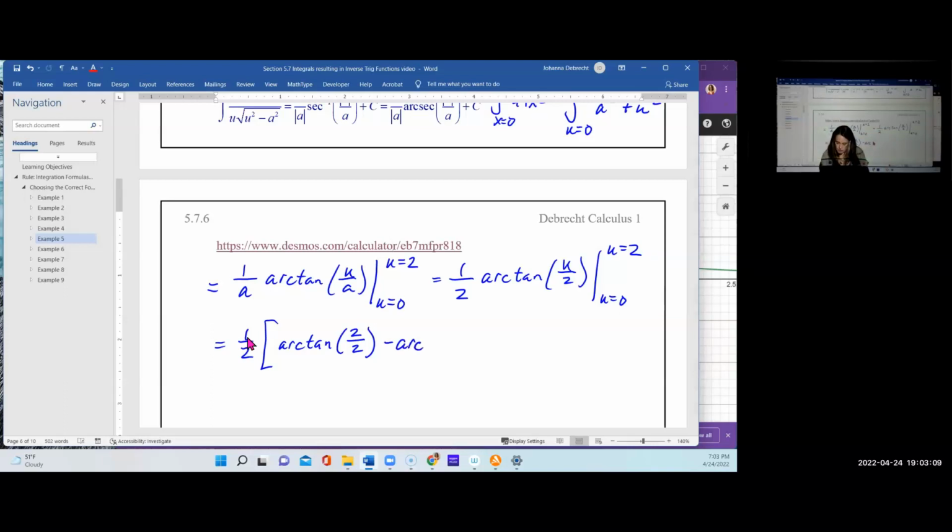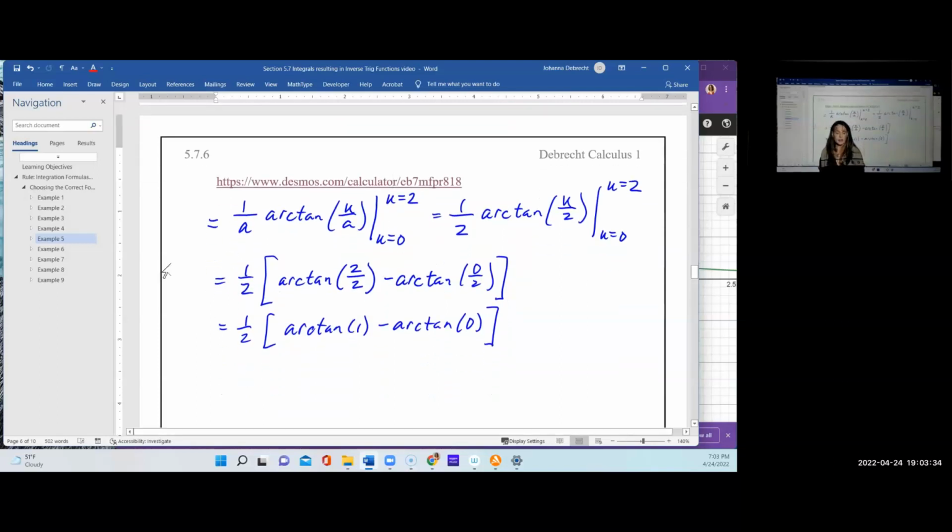This would give us arctangent of 0 over 2. Now, we know that the arctangent of 2 over 2 is going to simplify to the arctangent of 1, and the arctangent of 0 over 2 is going to simplify to 0.